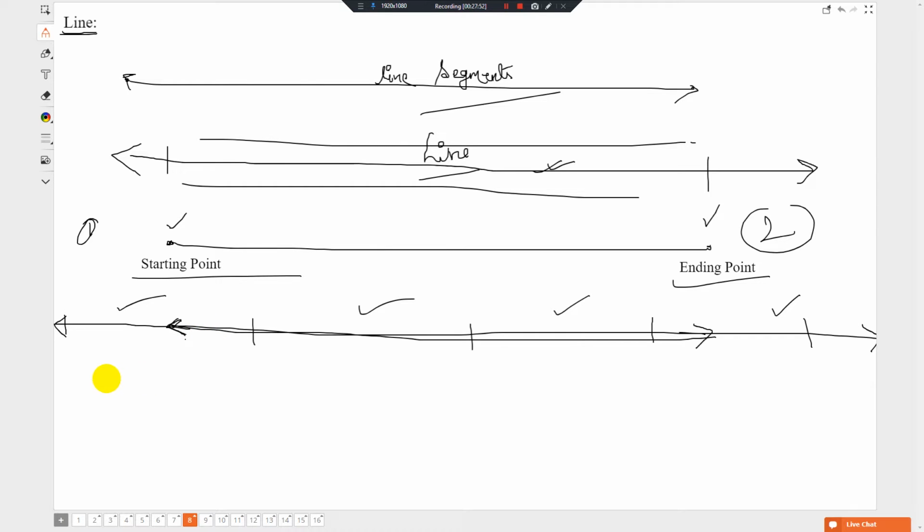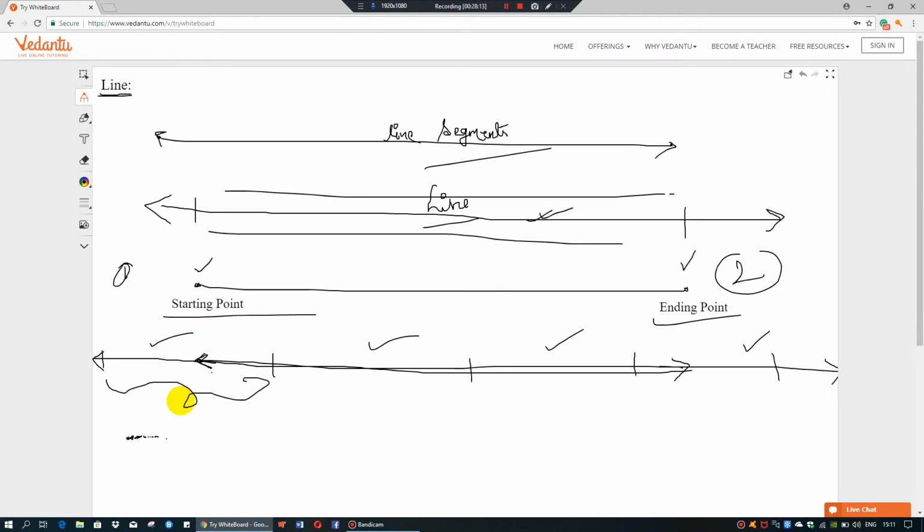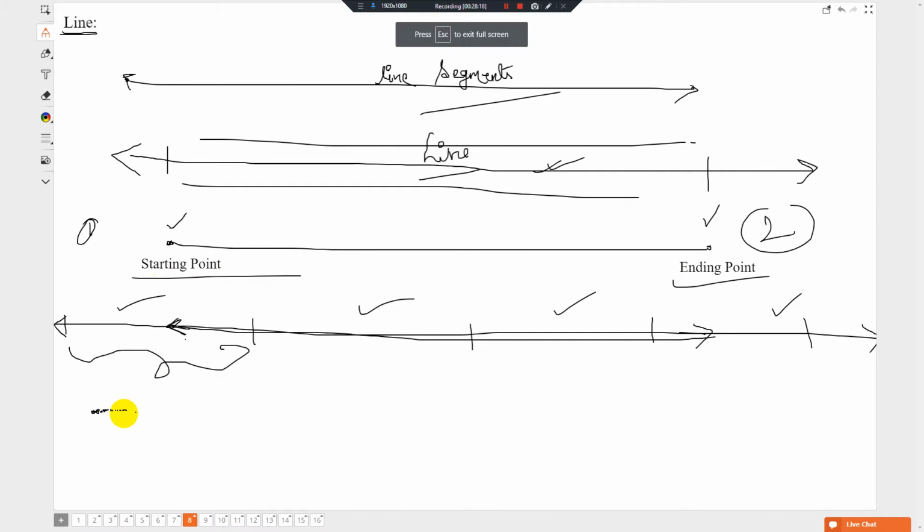So how is this line formed? I have always told you this part of a line segment is formed of mini mini dots, that is points. They form one line segment, and then like that, a few more line segments.